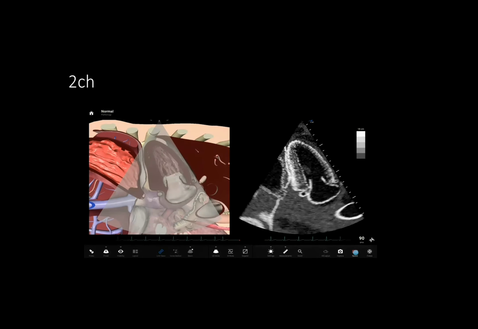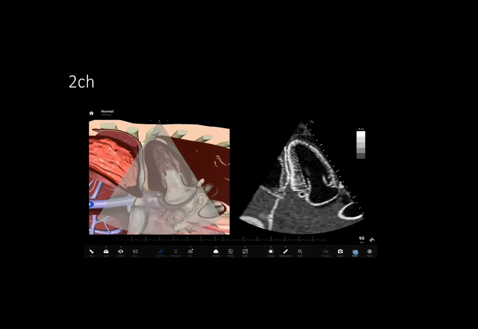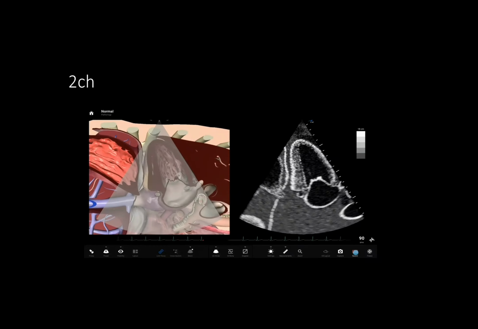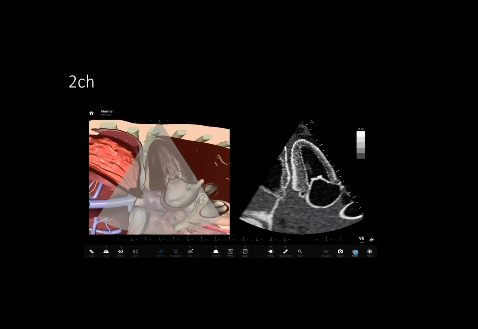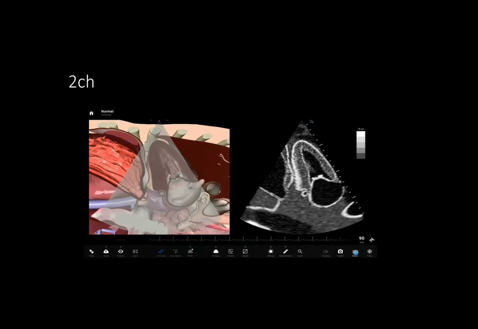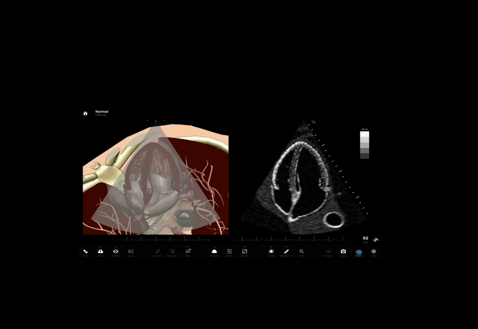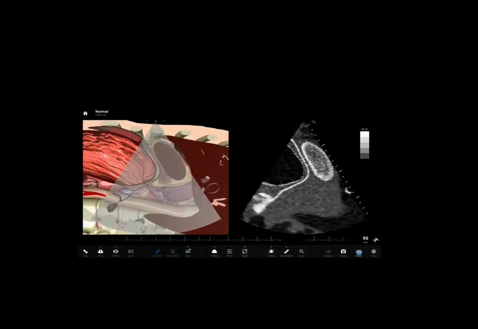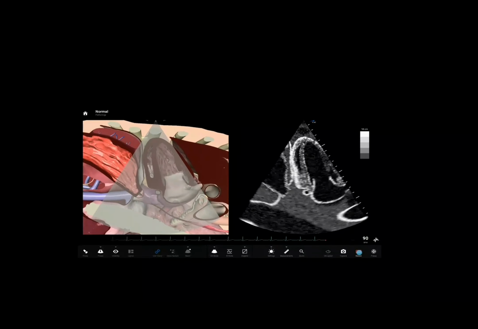A 2-chamber view. Rotating your probe so that your probe marker is facing the left shoulder brings the apical 2-chamber into view. Rotating the probe from the 4-chamber view to get the 2-chamber view.